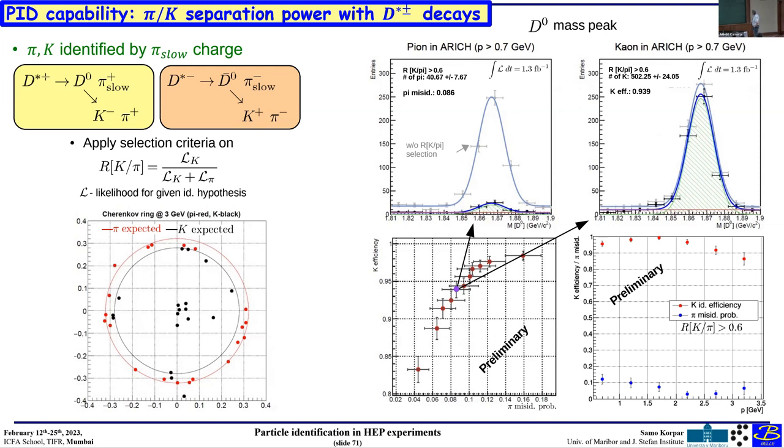And then we get this curve, which tells you how this binary identifier, the ratio of likelihoods, helps you discriminate. So at 5% mis-ID probability for pions, we get around 83% efficiency. And with 10%, we are close to about 97%.